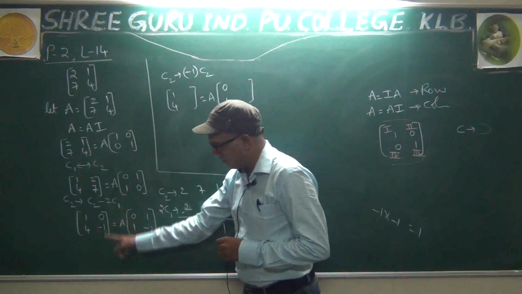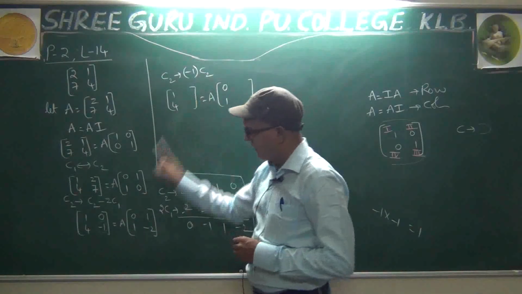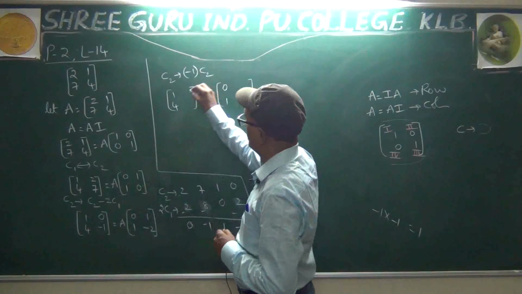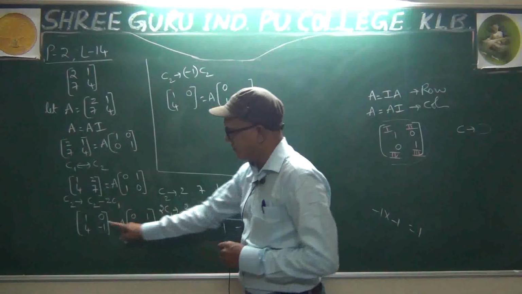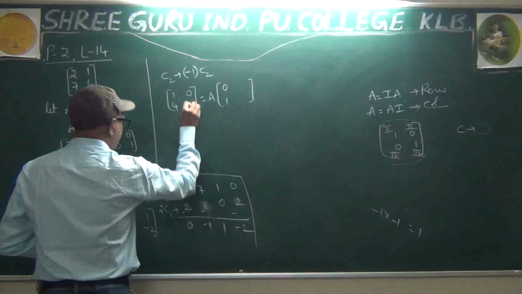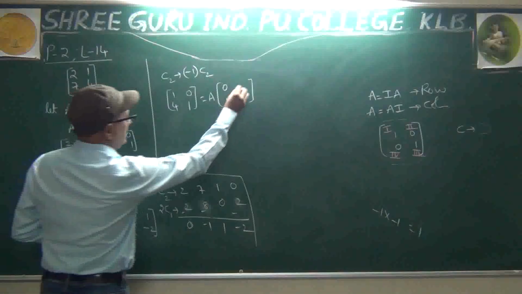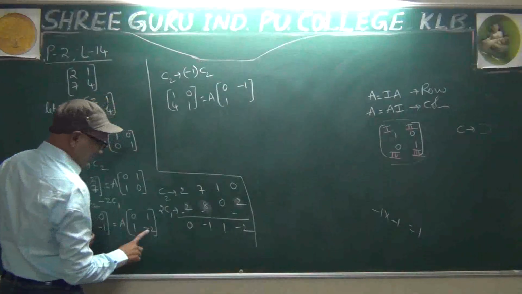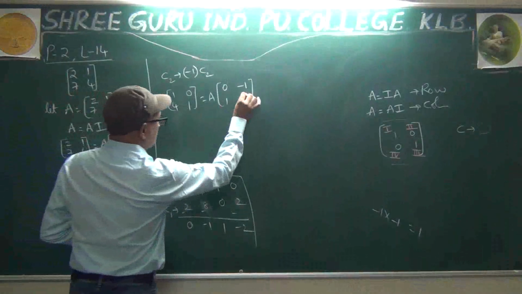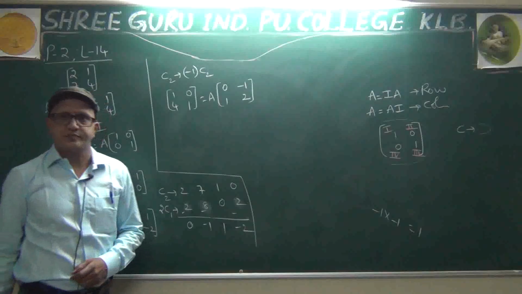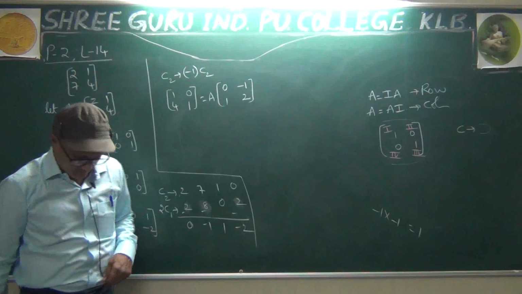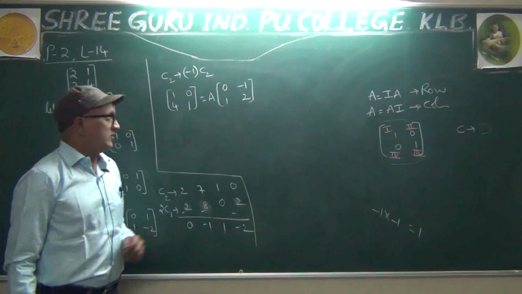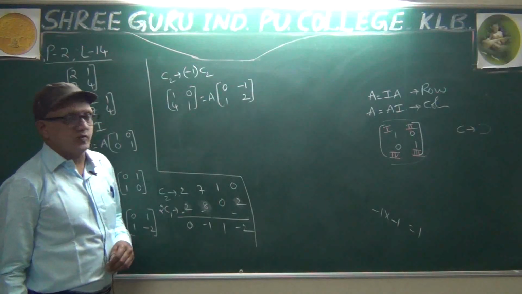Second column with minus 1: minus 1 into 0, 0. Minus 1 into minus 1, 1. Minus 1 into 1, minus 1. Minus 1 into minus 2, 2. Right? So the third Roman letter we also got.